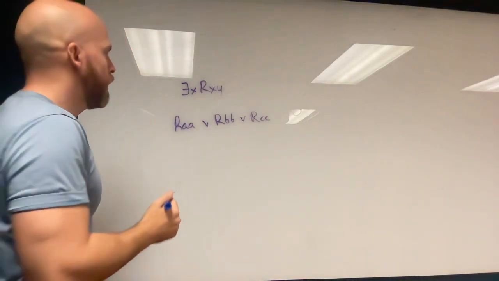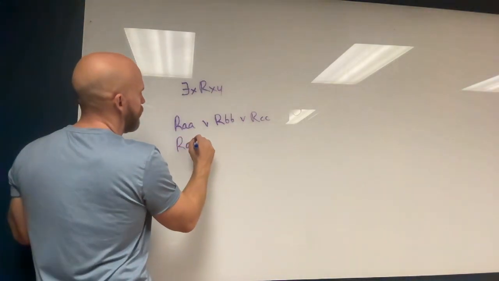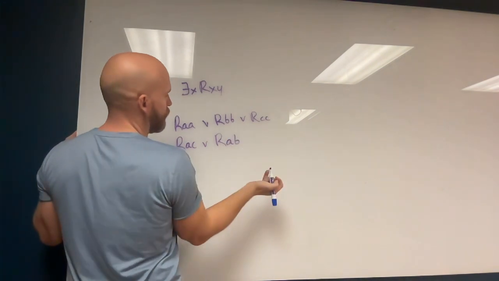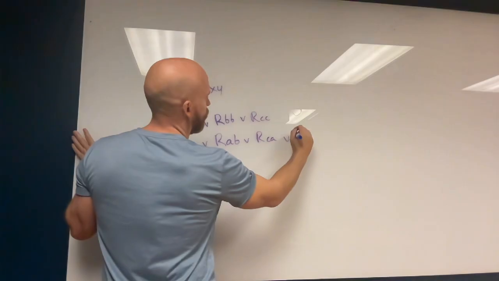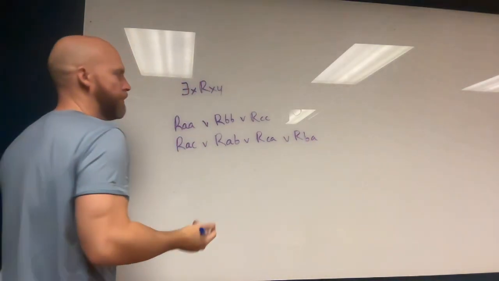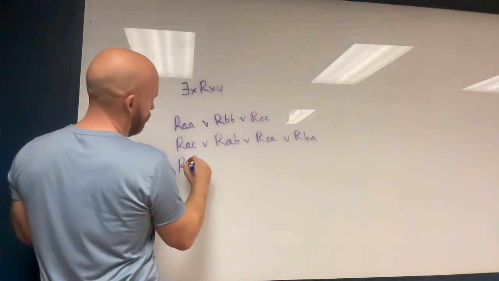No. We definitely need to permute: RAC or RAB, true? No. Or RCA or RBA. Is that true? Any of those? Nope. You see what we're doing, right?